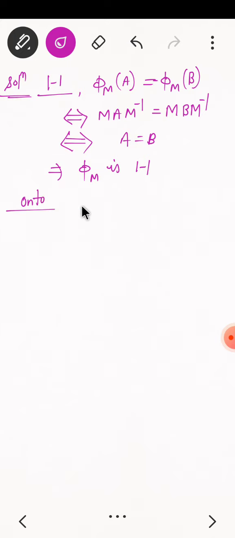To check onto, let A belonging to SL2R be any arbitrary element.